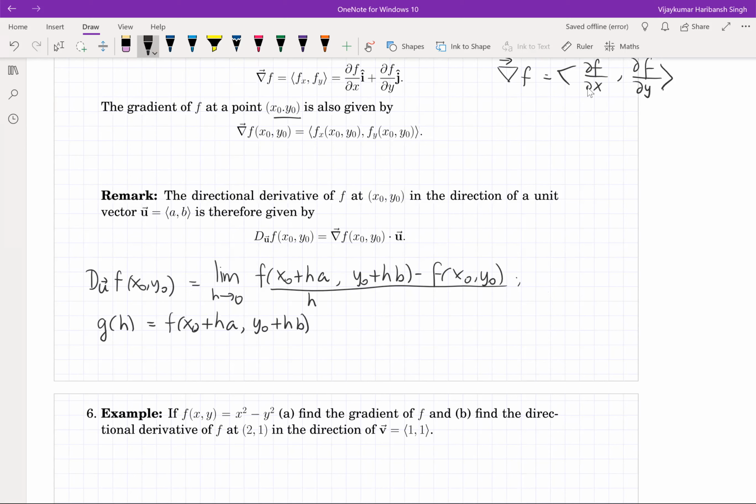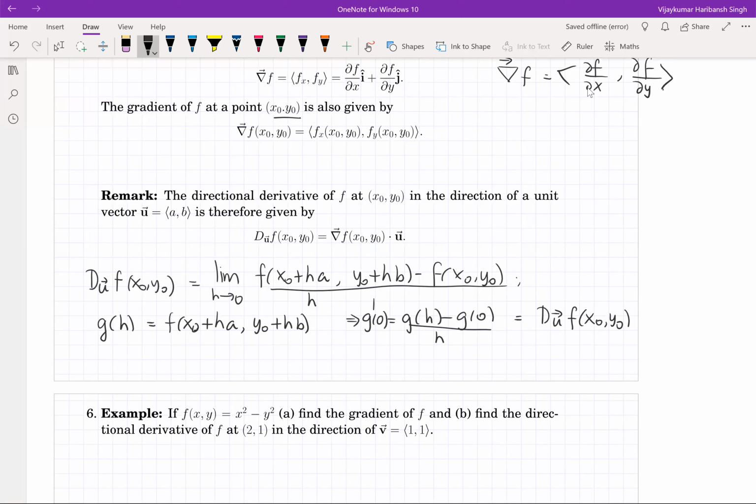That is my g. So now note that this implies g of h minus g of 0 over h, which is g prime at 0, is exactly equal to your directional derivative in the direction of u. Do you agree with that?